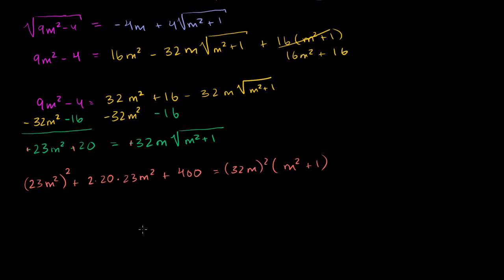And let's see what we can do over here. This is just a big tedious problem. So I'll just write this as 23m squared squared plus 40 times 23m squared.